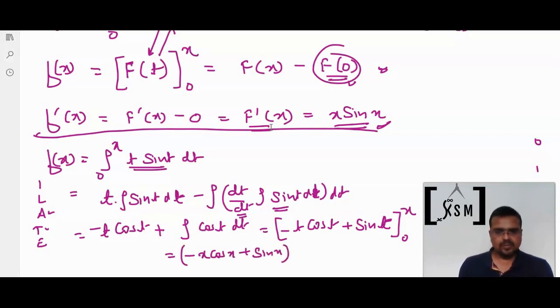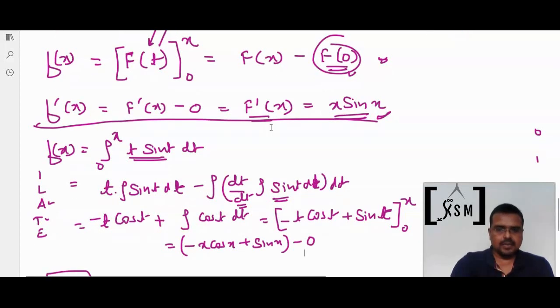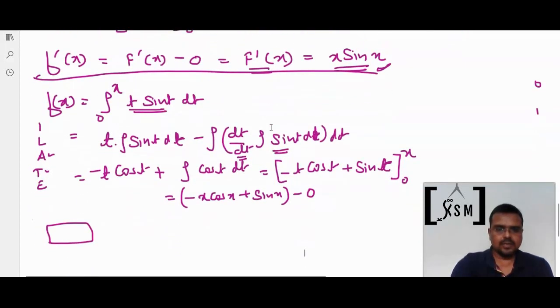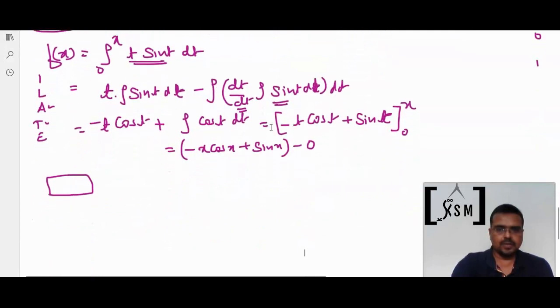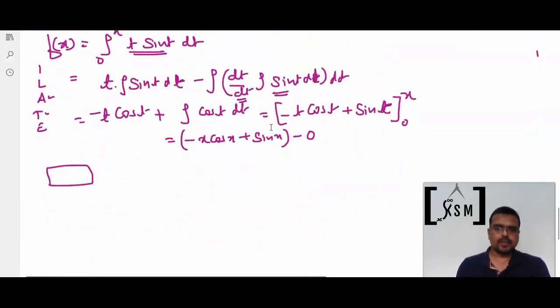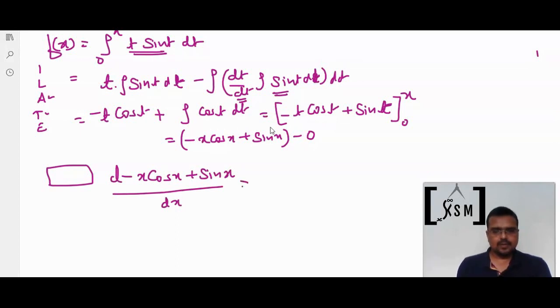So differentiation of minus x cos x plus sin x over dx, right? I'm using the product rule: x times cos x, differentiation of cos x is minus sin x, and plus cos x times the differentiation of x, which is 1.